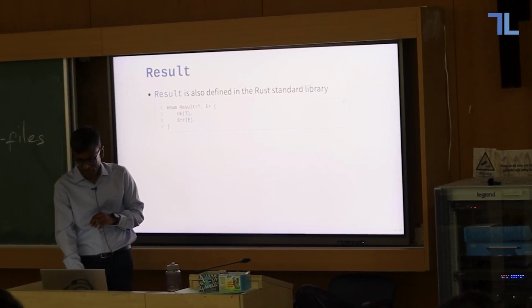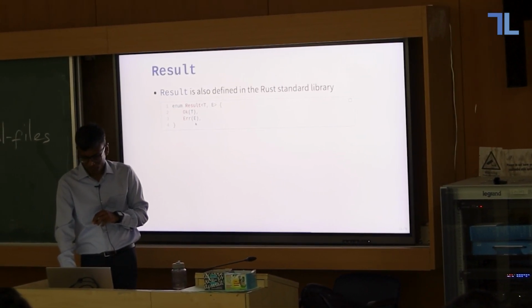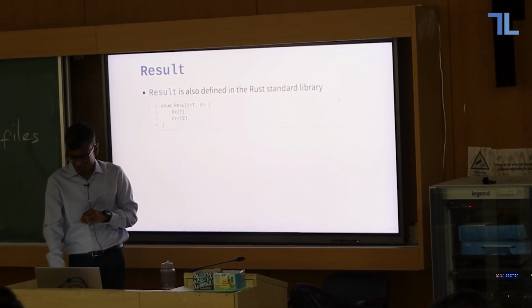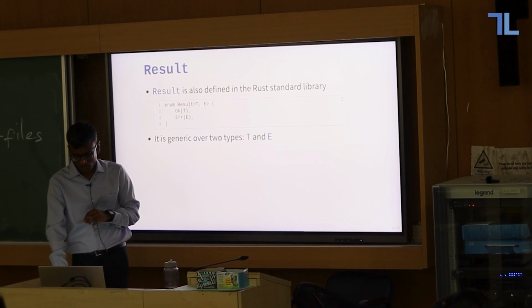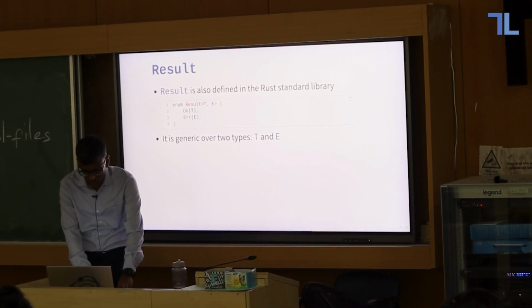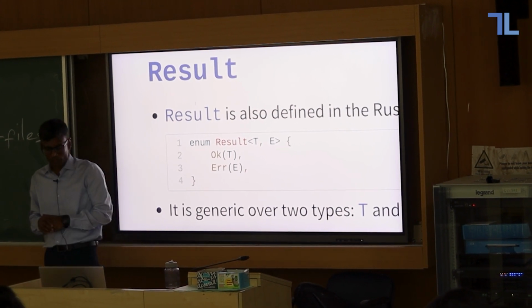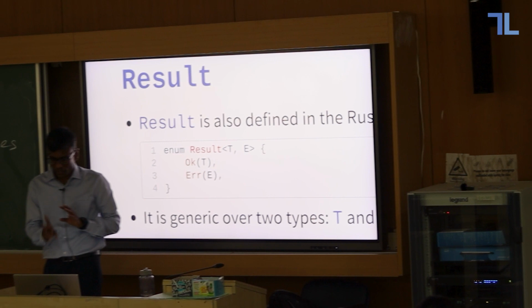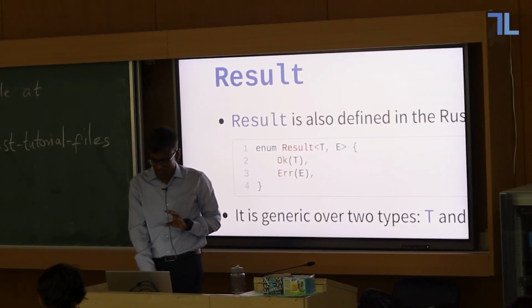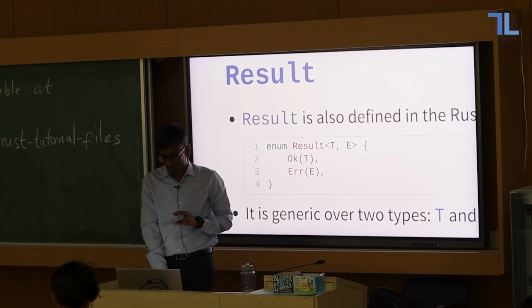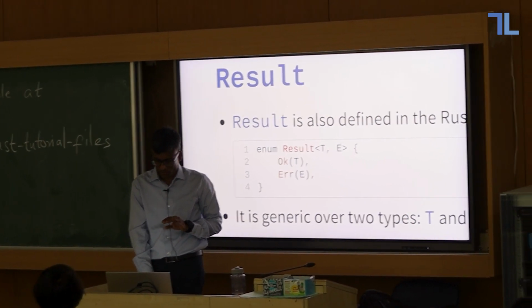So this error will capture the value of the error, and if you get a correct answer, then OK is the value of the correct answer. So this is also an example of two types. Generics, when I showed you the point example, there was only a single type, but there can be any number of generics. So here there are two generic variables, T and E. T is the type which is going to capture the correct answer, and E is the error type.